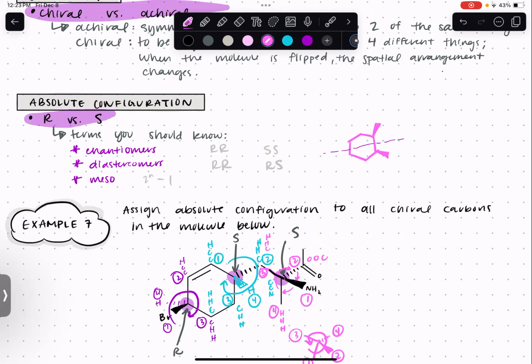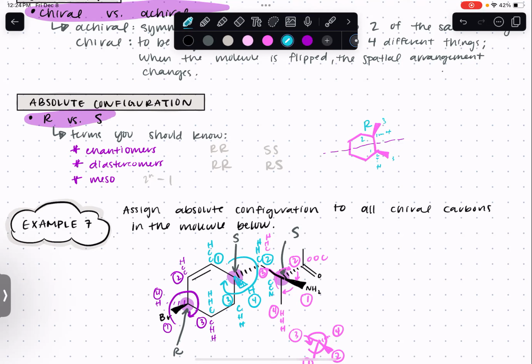So right now, if I were to assign the actual absolute configuration, this is 3, this is 3 also, 2. 1, 2, 3.